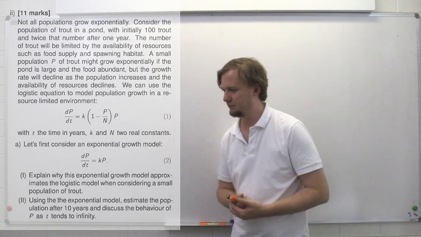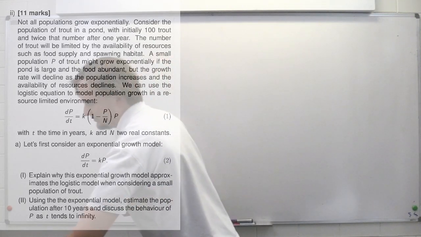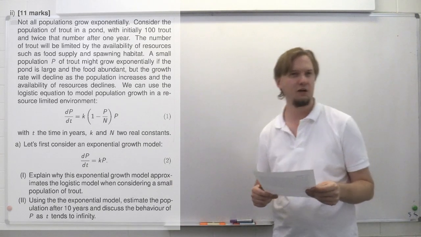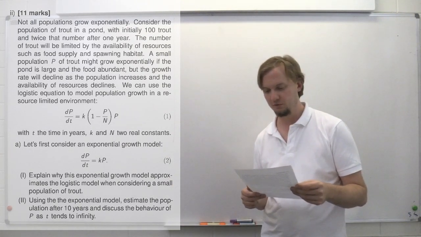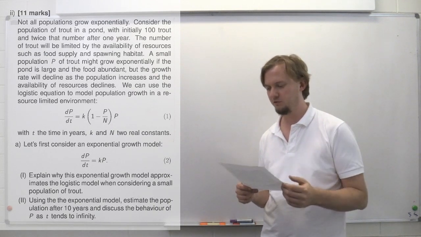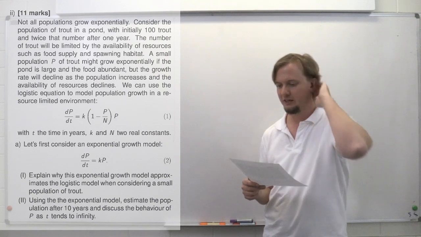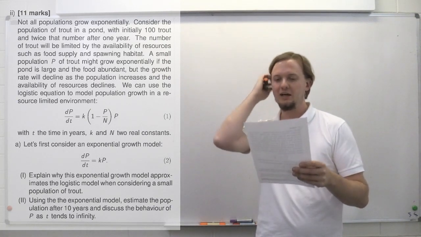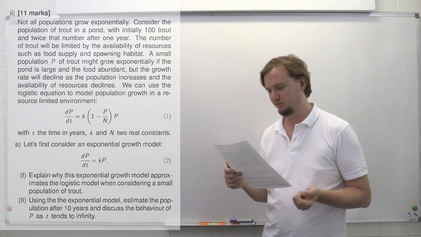So we do have a setup here, and it's good to read what they're talking about. We have a population of trout in a pond, and we're told that initially they had 100 trout at year 1, but the trout doubled after the first year. So that's already telling you another data point: after 1 year you now have 200 trout. It does say here, the trout will be limited by the availability of resources.